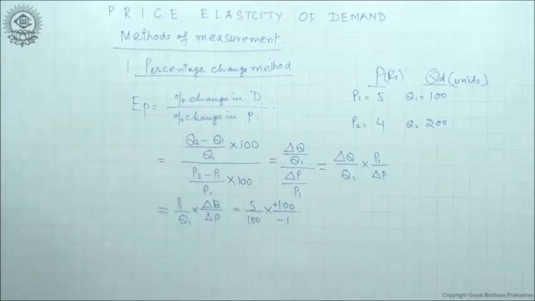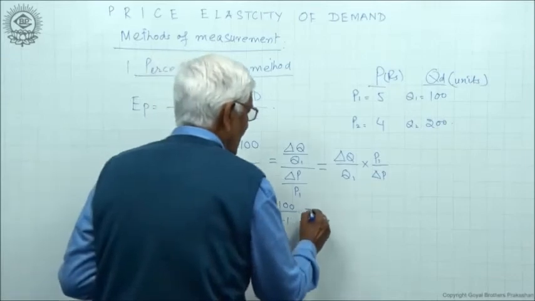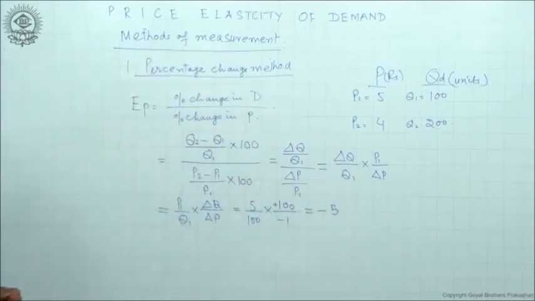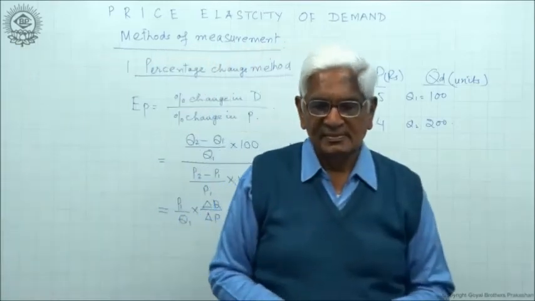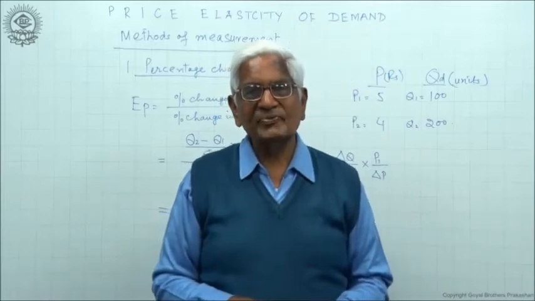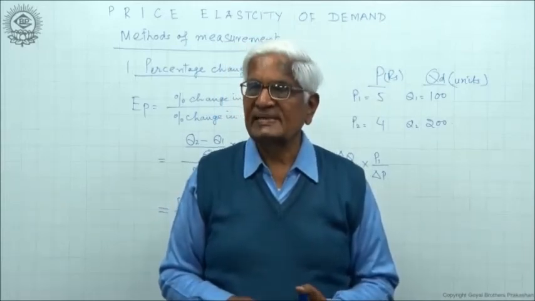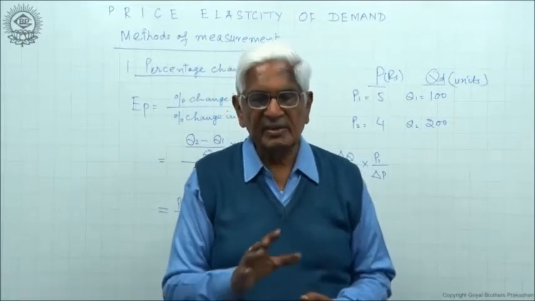Since there is only one minus here, the answer will be minus 5. What does this minus 5 indicate? It indicates 1% fall in price leads to 5% rise in demand, because there is an inverse relation.